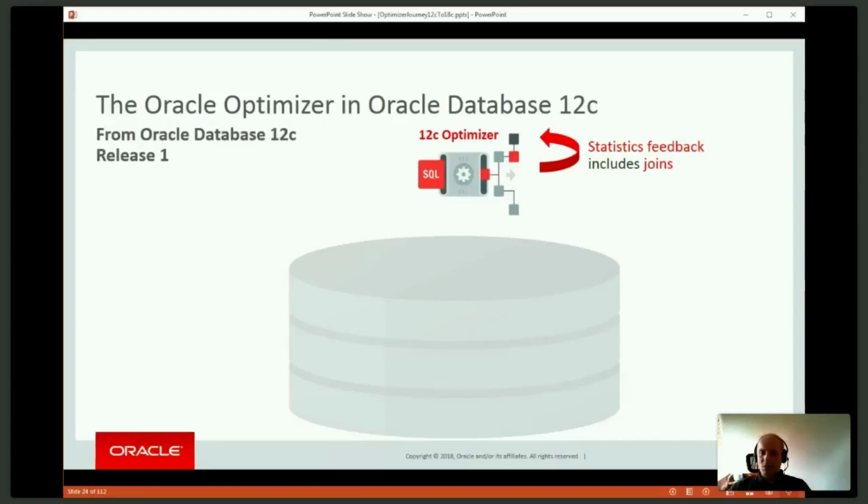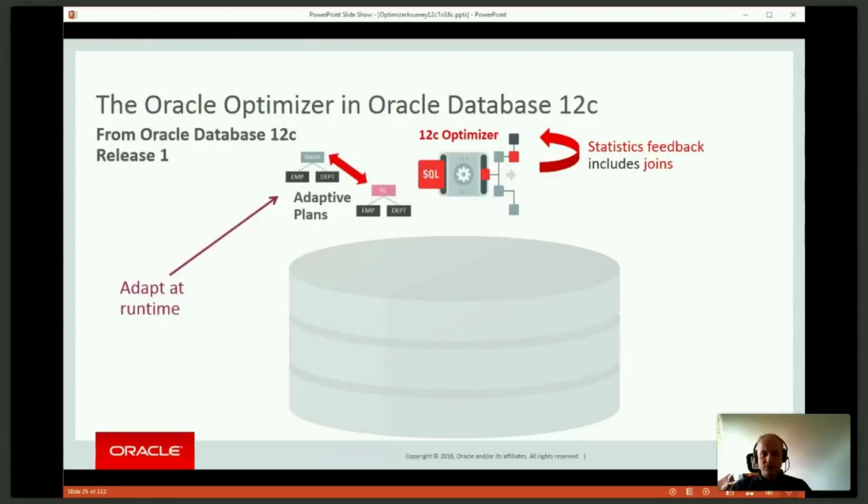What that meant was there were more queries that saw these statistical mismatches, cardinality issues, so what you tended to see was more frequent plan changes. And I guess that's something that took some people by surprise and affected some systems. So for that reason, it's something we looked at and addressed in release 2. I'm going to come to that shortly as well.